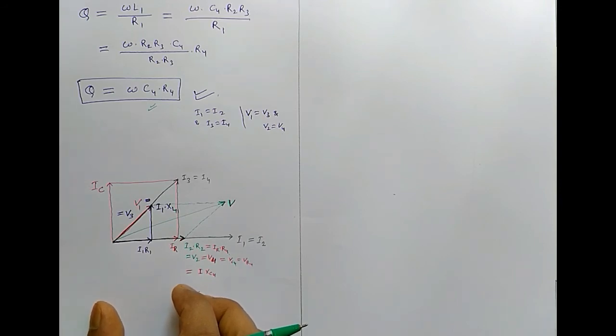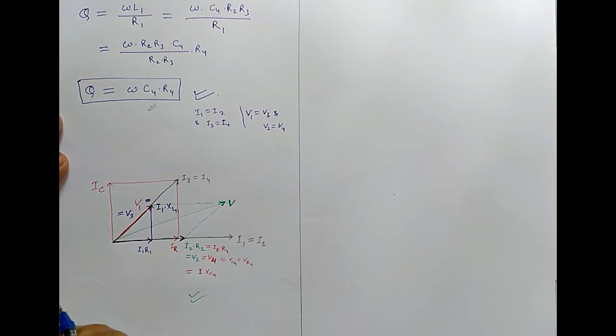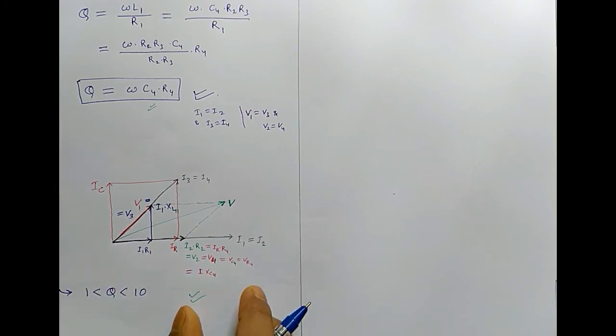There is one disadvantage of this bridge also. This is normally a very convenient and useful bridge for the determination of inductance having medium quality factor, generally from 1 to 10. That means it is generally used for quality factor 1 to 10.